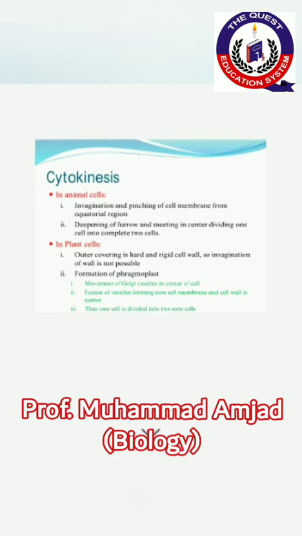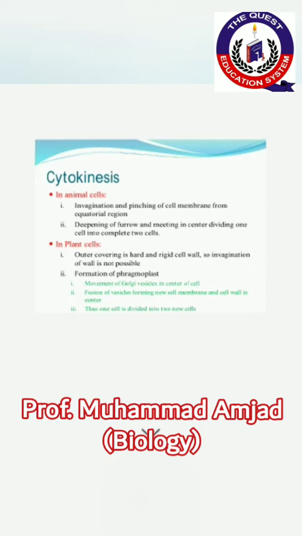At that region, deepening of the furrow and meeting in the center of the cell membrane takes place, which completely divides one cell into two complete cells. Again, in animal cells, the cell membrane invaginates from the center, the invagination deepens, and ultimately the cell membrane meets in the center, and one cell is divided into two daughter cells.